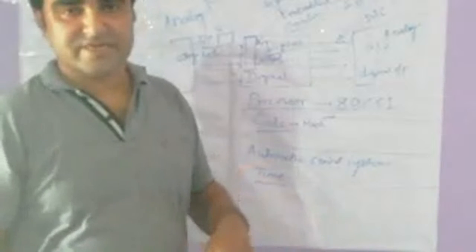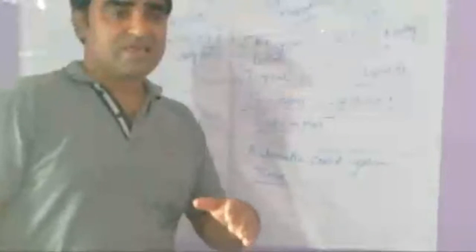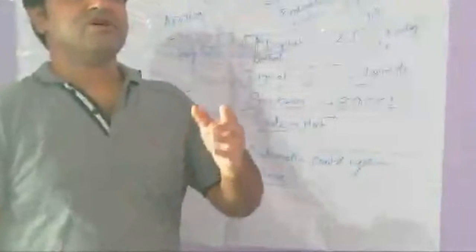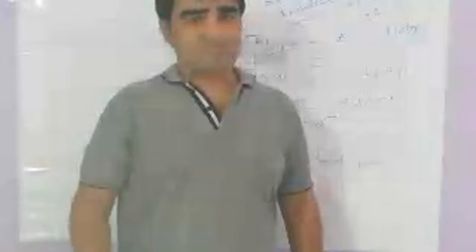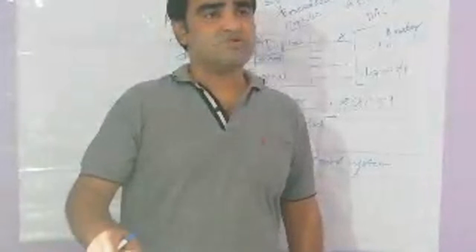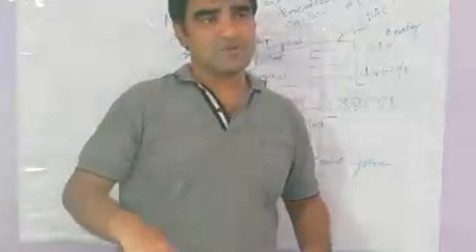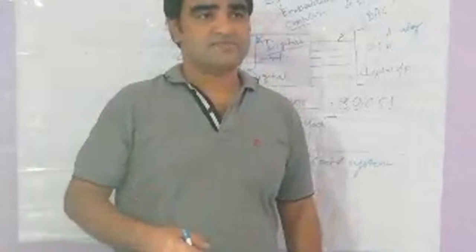An example of a delayed system I give you. Suppose you turn on your television. It takes some time for display, it takes some time to configure everything, to play sounds, like that.